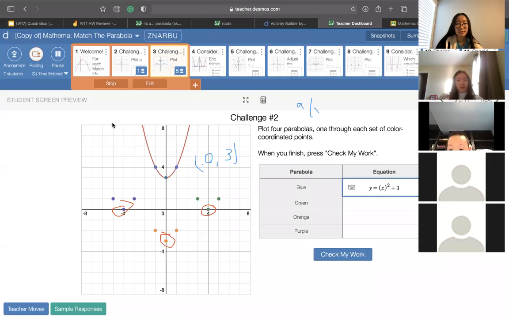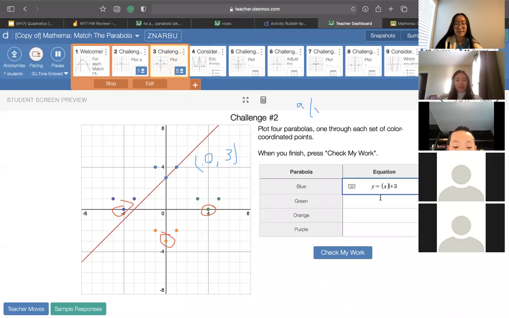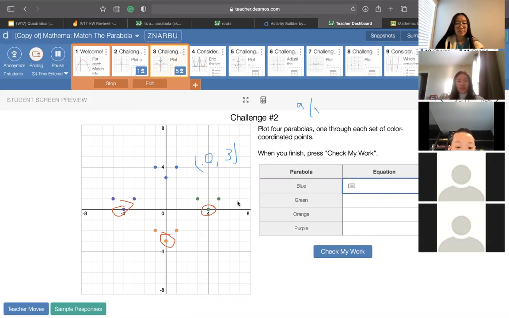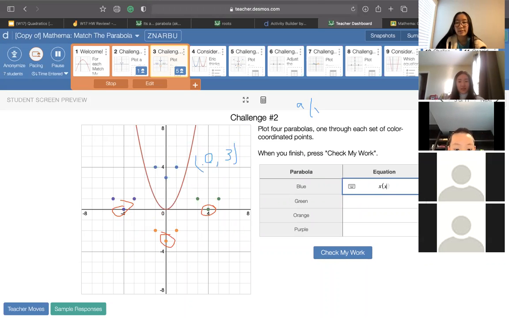I literally didn't even put a square. Wait, that's not possible, it's just x plus 3. So I did x and parentheses x, parentheses plus 3.